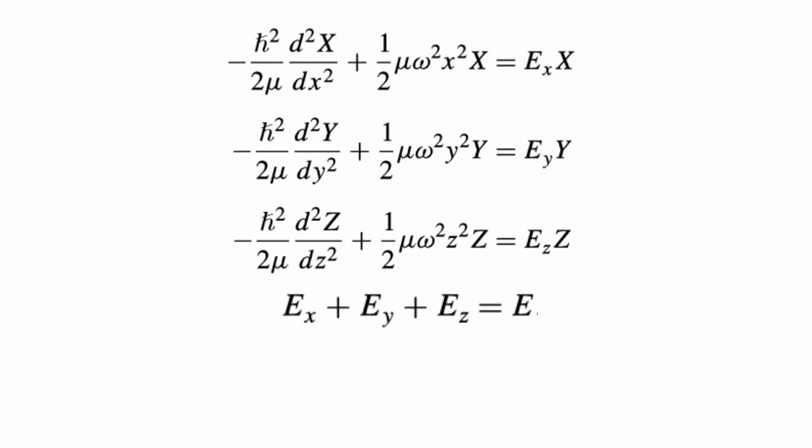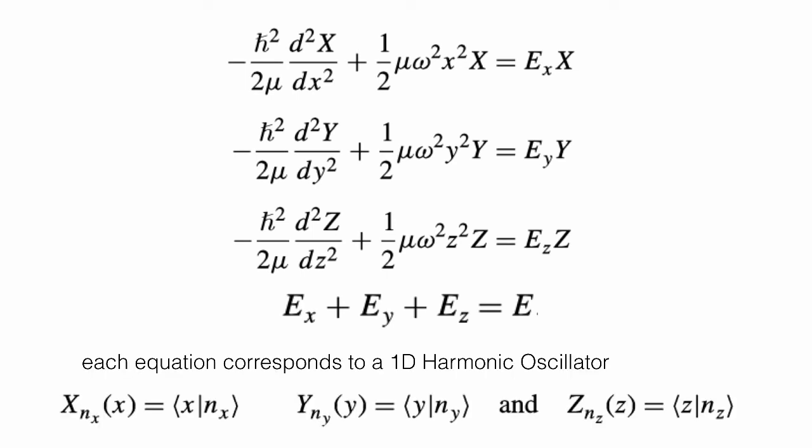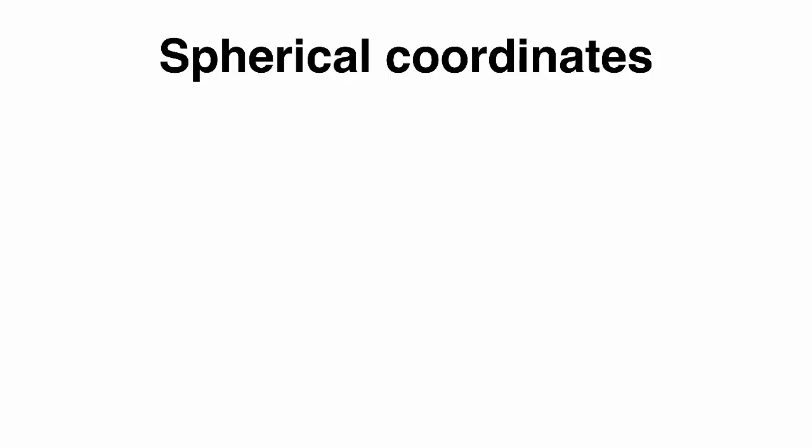Again, this is essentially a repeat of what I showed before, but in this case in the x, y, and z representation, right? I replace px by h bar over i, first derivative d over dx, and so on and so forth. Each component, of course, corresponds to a one-dimensional harmonic oscillator. So we find that the total solution will be just the product of three one-dimensional oscillators.